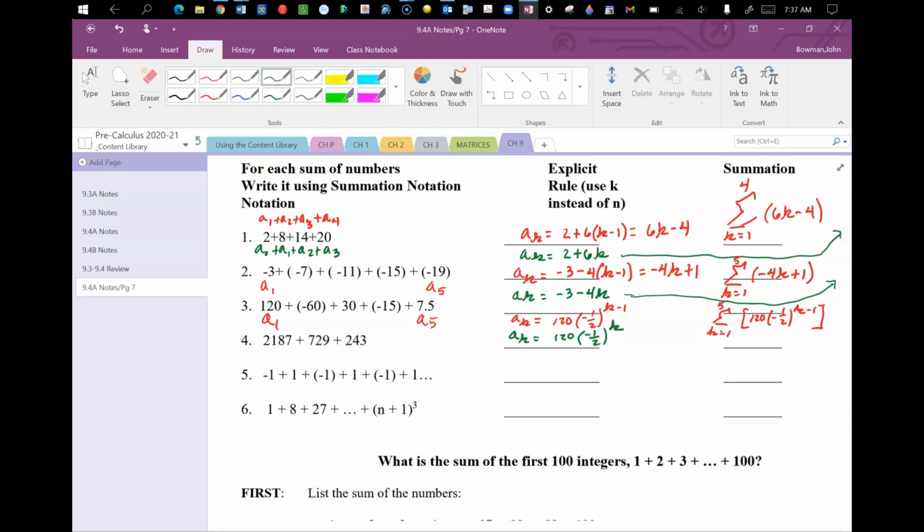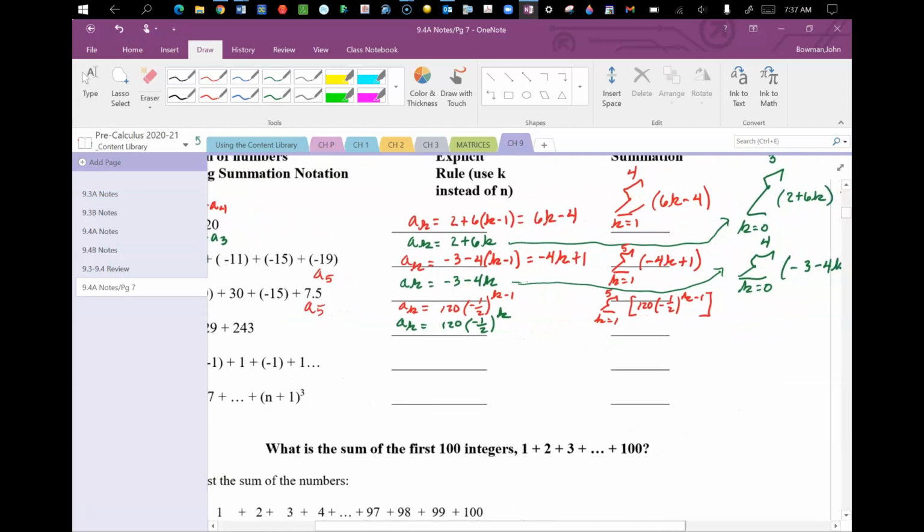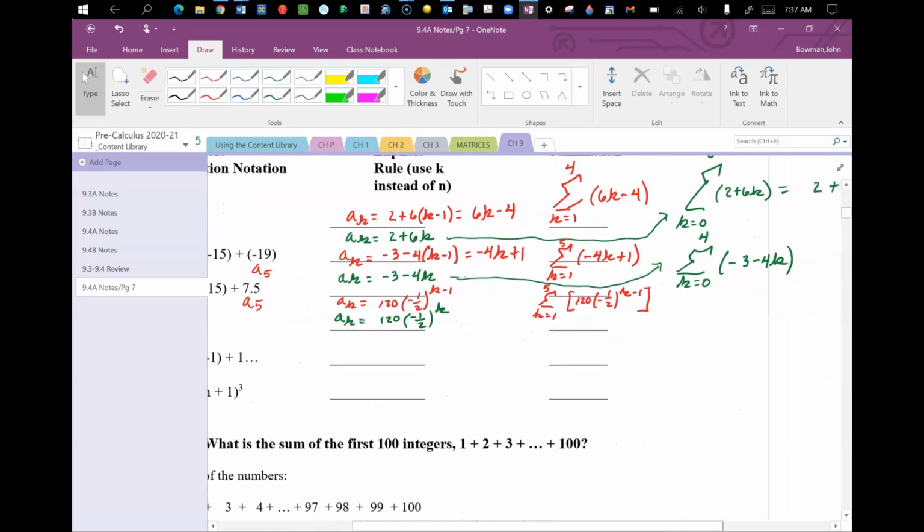The only difference would be that you start with an index of 0 and end at an index of 4. So it would look like this. The summation from k equals 0 to 4 of 120 times -1/2 to the k power.